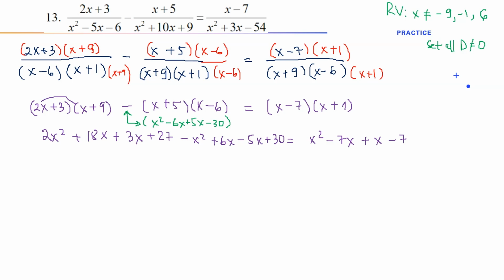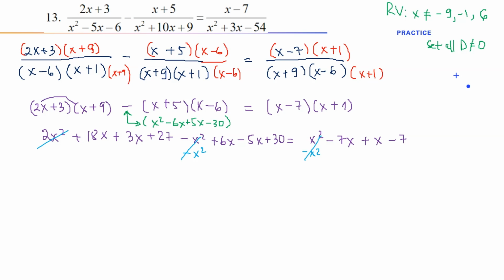Alright, now we have to check on the like terms, combine like terms. So we subtract both sides by x squared, right? So right here we have 2x squared minus 2x squared, that's all gone.